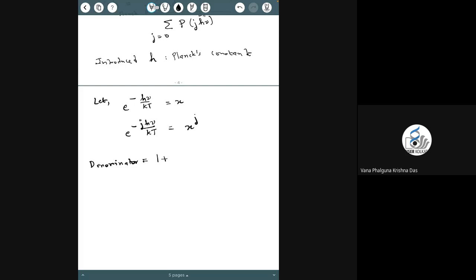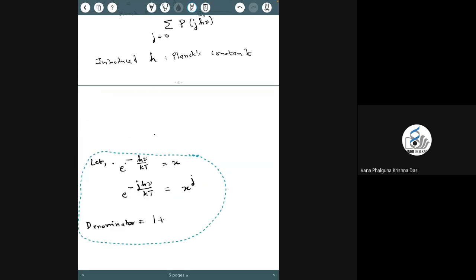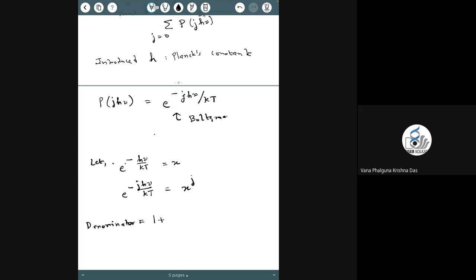I should tell you that we're again going to use the Boltzmann distribution, but in the discrete form. So that part doesn't change. The black body is still classical for Planck. So the energy distribution is still the Boltzmann distribution. Then P of j h nu is still e to the power minus j h nu by kT. So this is still the Boltzmann distribution.